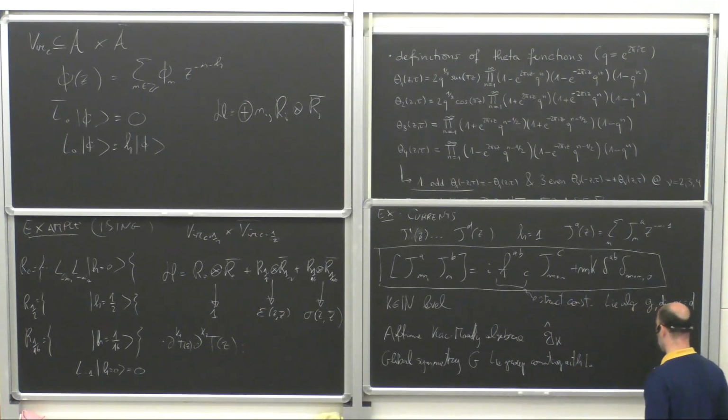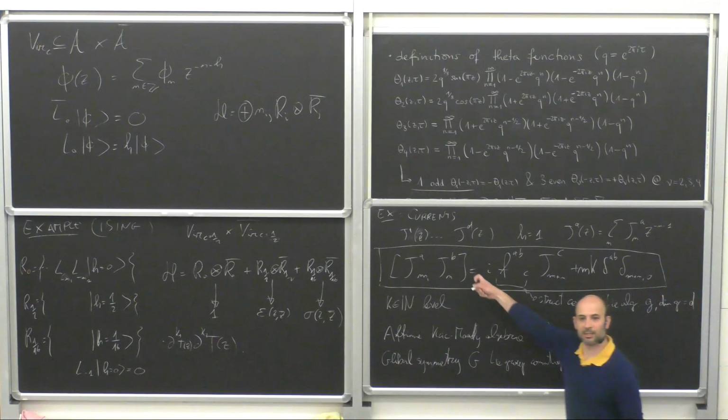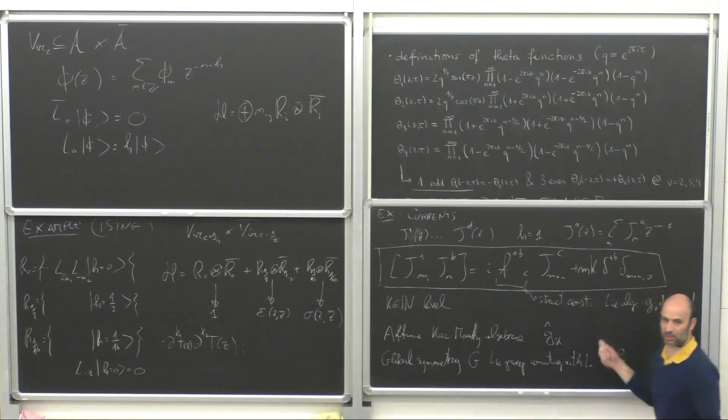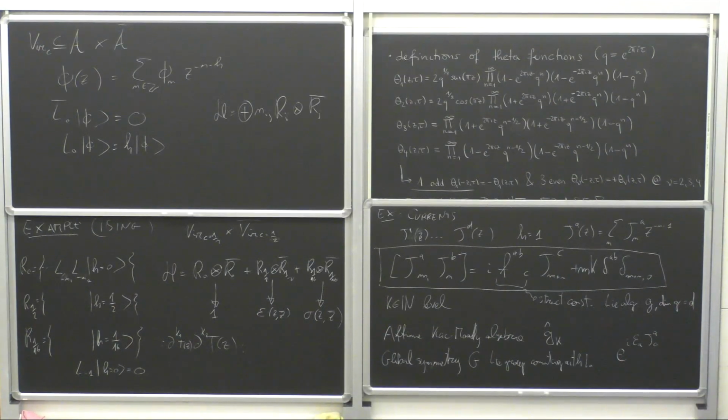And how is this G generated? Well, you take the zero modes of your currents, which are a representation of the algebra, and you exponentiate them with some parameters. These are the operators that generate the Lie group. And this algebra also contains a copy of the Virasoro algebra at some central charge C.